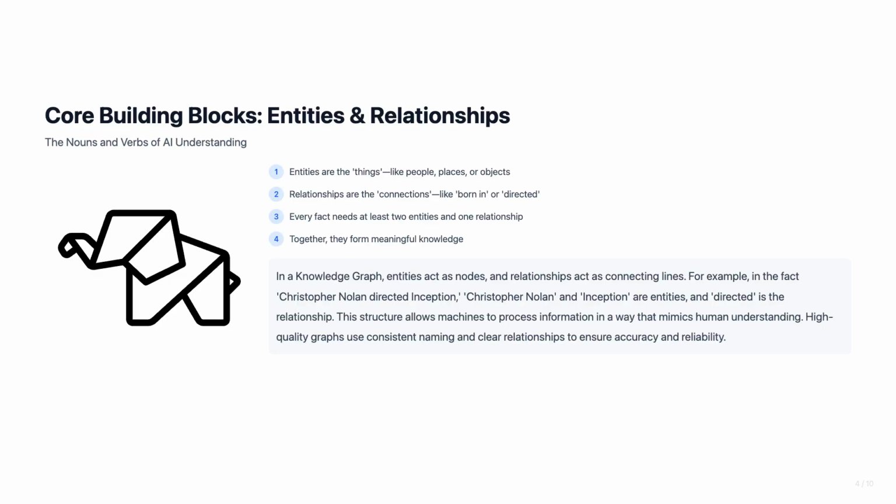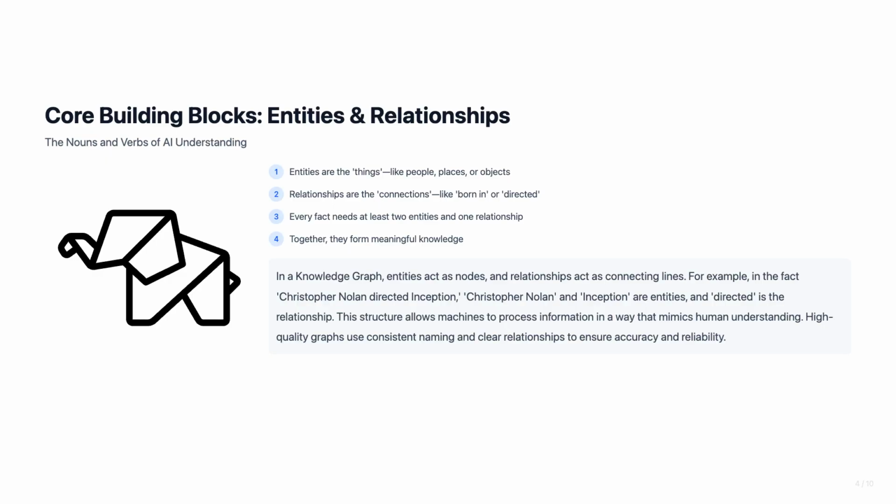Here's a key rule: every fact must have at least two entities and one relationship. For instance, saying Tom Hanks isn't enough, it's when we say Tom Hanks starred in Forrest Gump that the machine gains real understanding. In healthcare, this logic helps systems know that diabetes is treated by insulin, a simple but powerful connection.